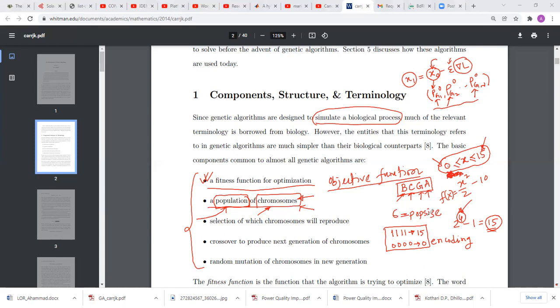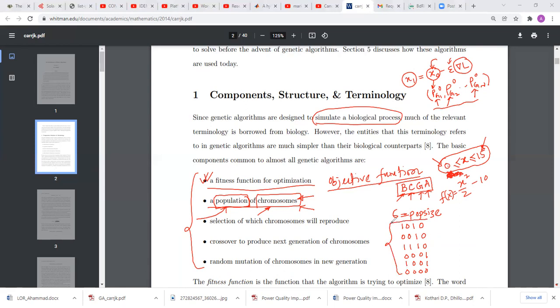So the population size is 6. Let's say the first one is 1010, second one is 0010, arbitrarily I'm writing, 1110, 0001, 1001, and 0000. Are they distinct? Hopefully they are distinct.